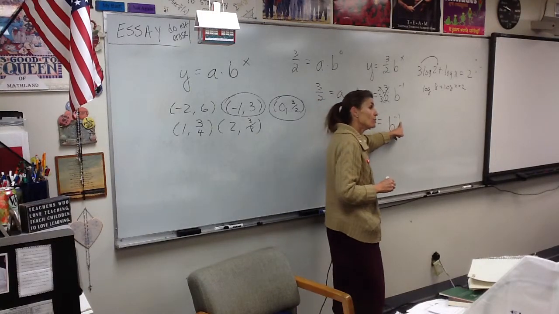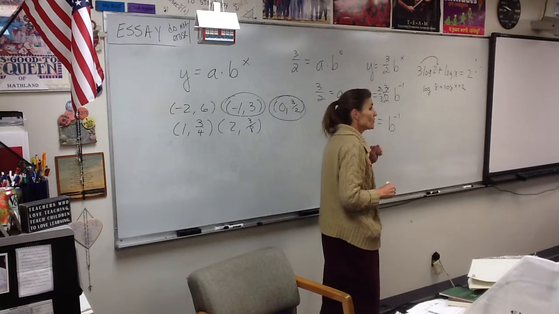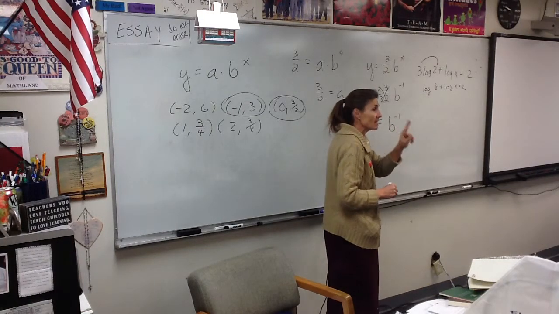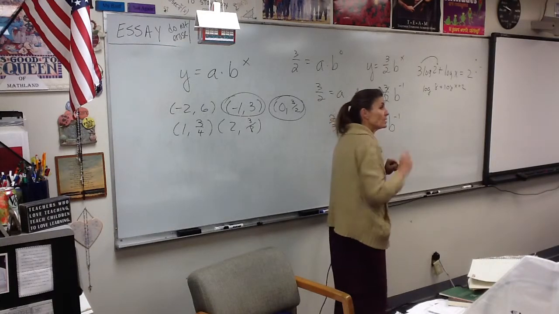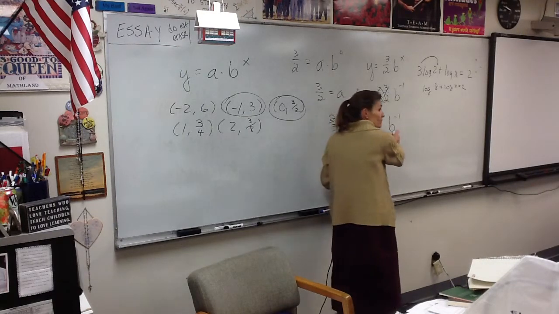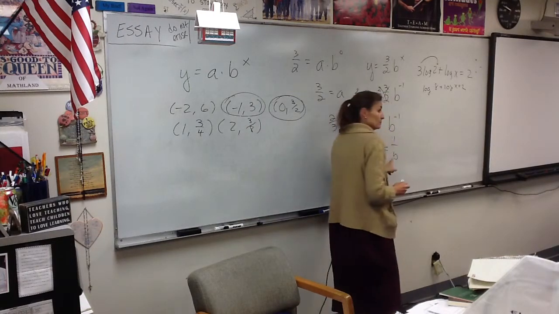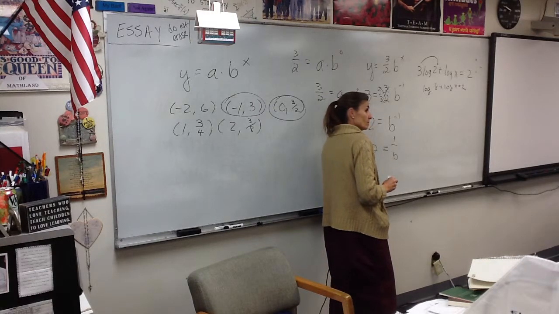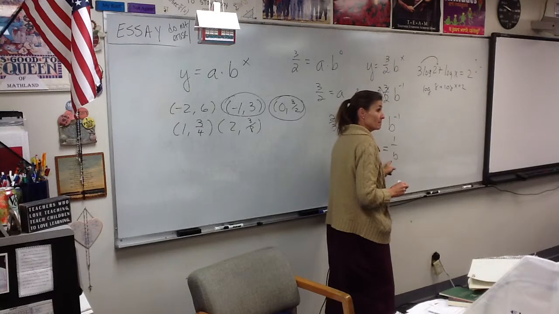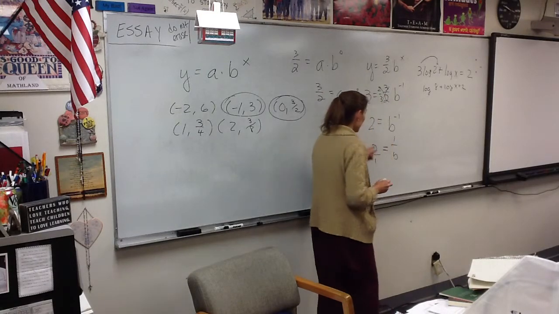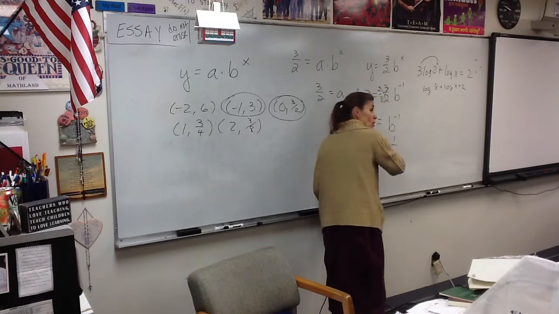Now, oh no, what does that mean? What does a negative exponent mean? 1 over. We got to flip it. So this becomes 1 over b. B to the -1st means 1 over b. Now, if I think of the 2 as 2 over 1, I can cross multiply.